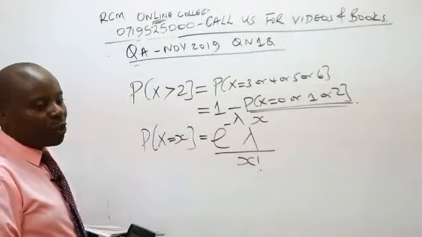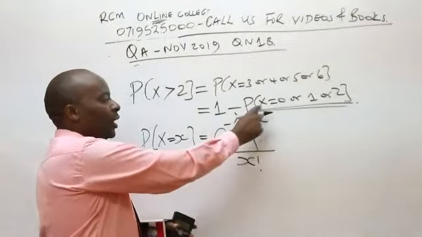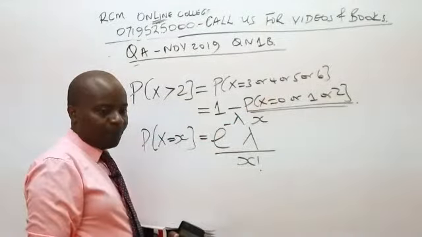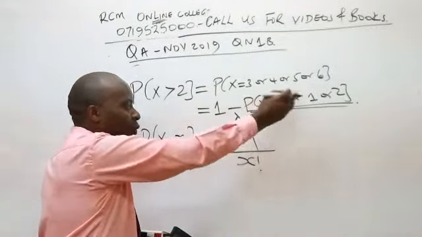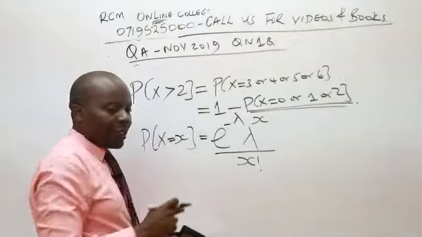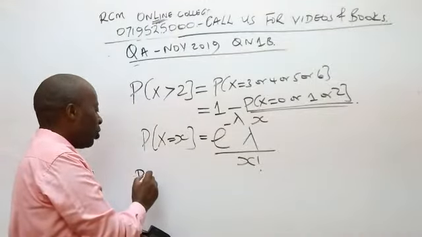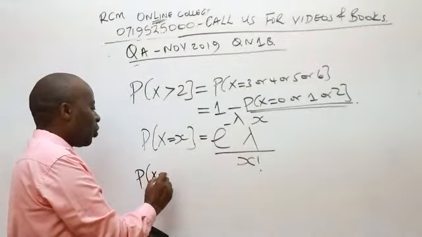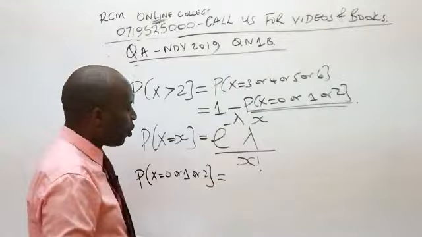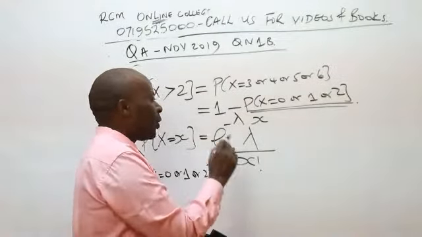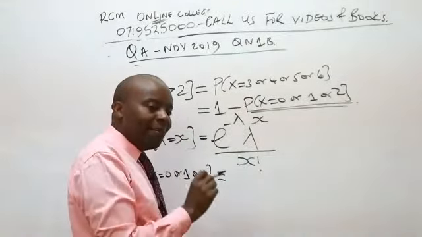So then what you need to do is to get the probability of each one of these. The very best, because this e will apply to each one of them, is to factor it out. So probability of x equals 0 or 1 or 2 using this Poisson will be equal to e raised to negative lambda.